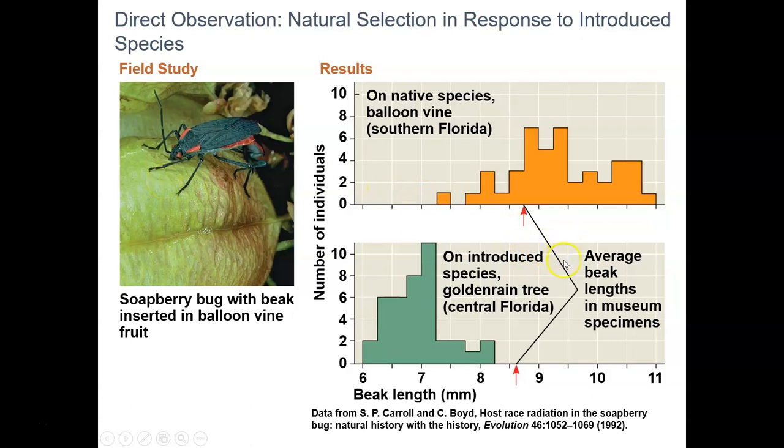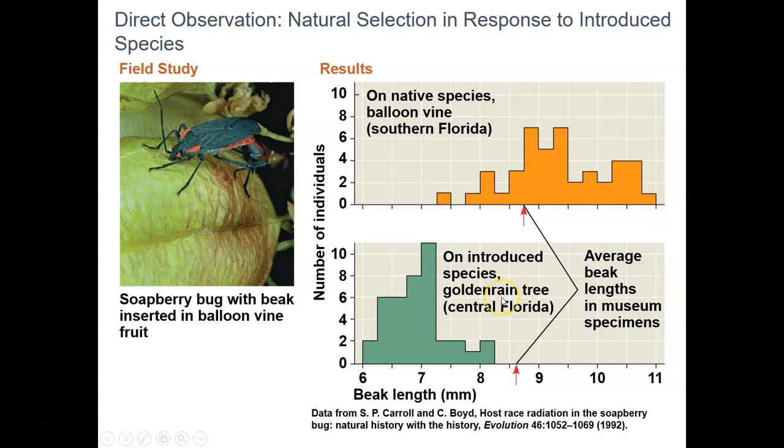There's an introduced species of tree called the golden rain tree that has fruits that the soapberry bug can also access. The golden rain tree is found in central Florida, and soapberry bugs that feed on the golden rain tree were predicted to have slightly different types of beaks, feeding mechanisms for eating the seeds of the introduced golden rain tree.